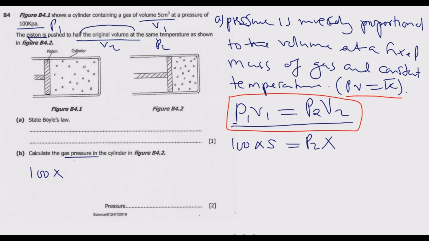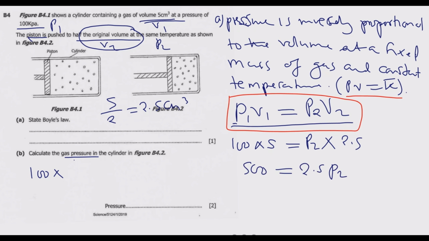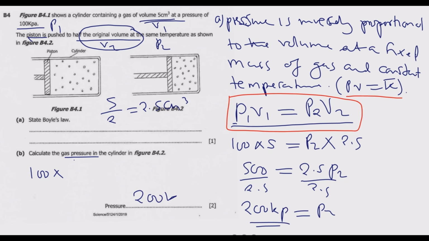Now this volume is half of the original, so 5 divided by 2 leaves 2.5 centimeters cubed. So 500 is equal to 2.5 times pressure, then we divide by 2.5, so P2 is equal to 200 kilopascals.